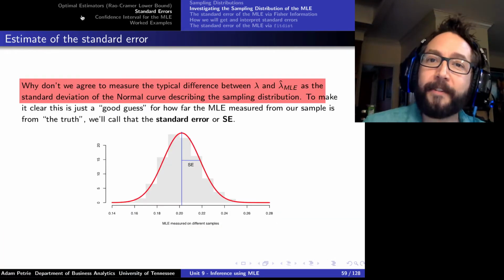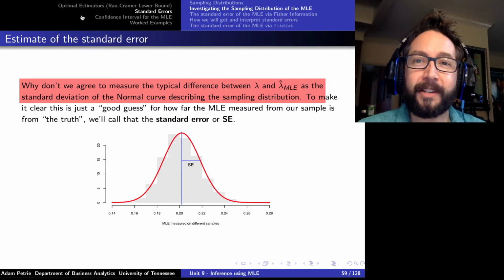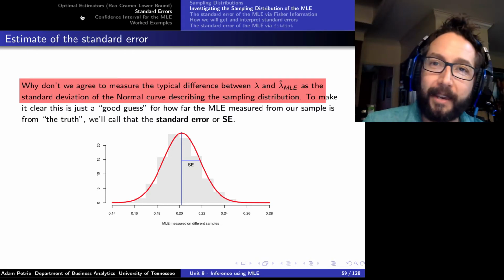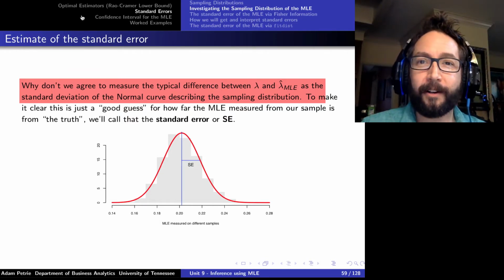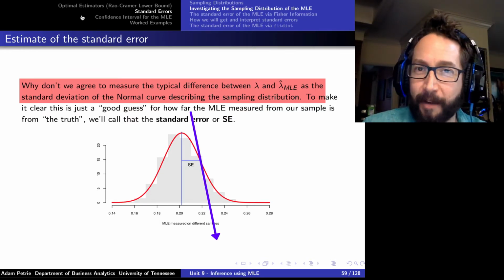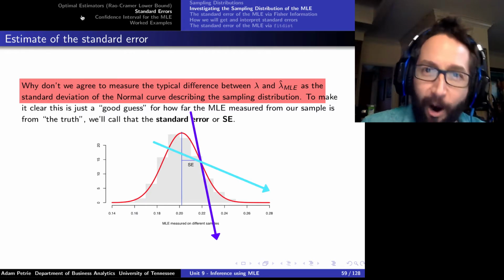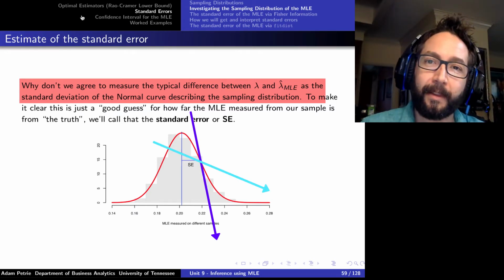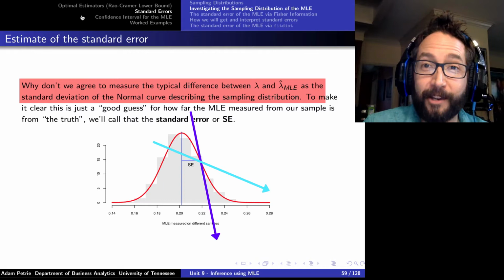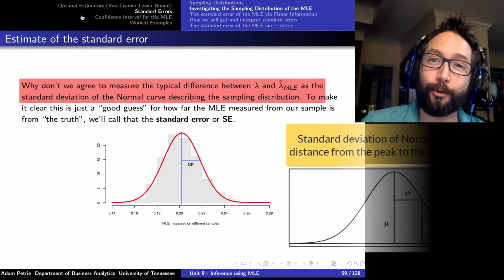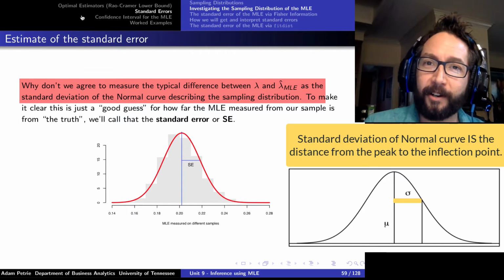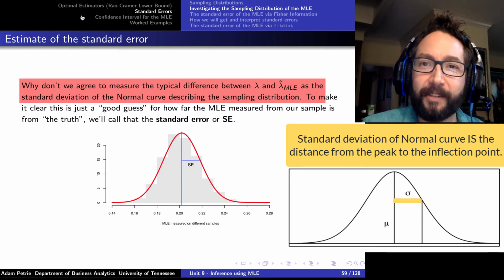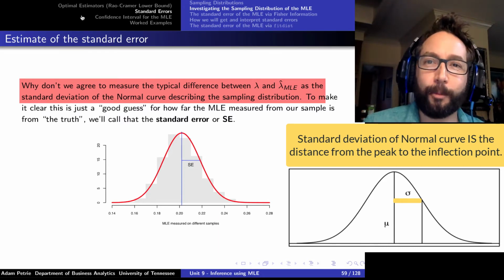Well, one common feature of all normal distributions is the distance from the peak to the inflection point of that normal curve, where that curve goes from sloping downward ever more quickly to sloping outward ever more gently. It turns out that that location is the standard deviation of that normal curve. All normal curves have that property where that inflection point occurs at exactly one standard deviation away from the peak. So that's a pretty good reference point on the normal curve.